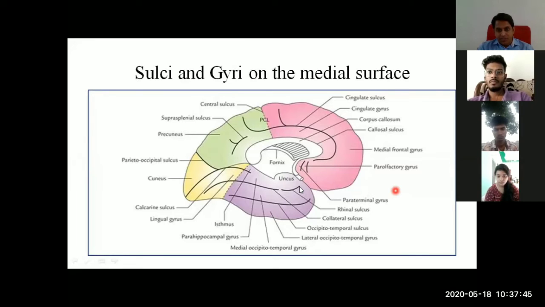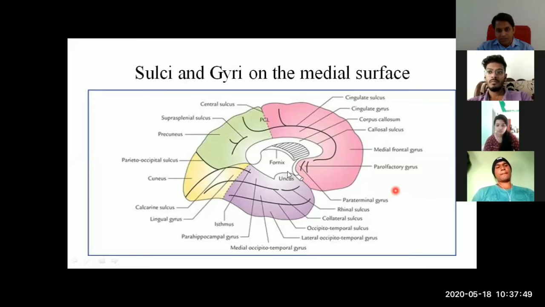Further, the sulci which are running along this horn-like structure. This horn-like structure is called the uncus. Surrounding this is called the rhinal sulcus, and the one which is running parallel to it is called the collateral sulcus. So this is the rhinal sulcus and the other one is the collateral sulcus.